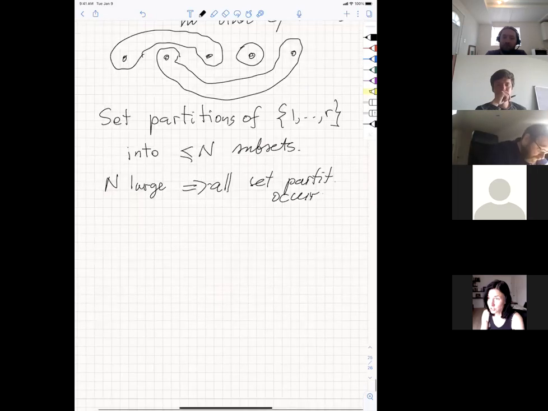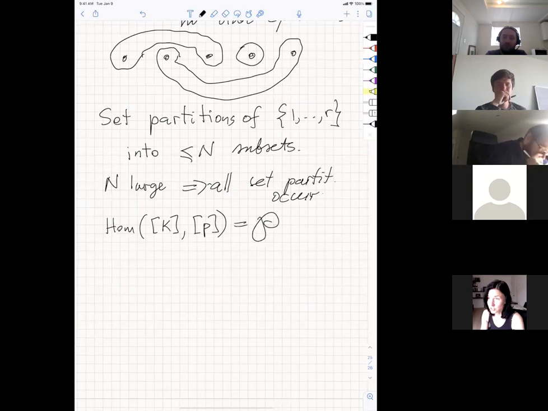Therefore Hom from K to P is spanned by set partitions, P(k+p), set partitions of the set 1 up to k plus p.